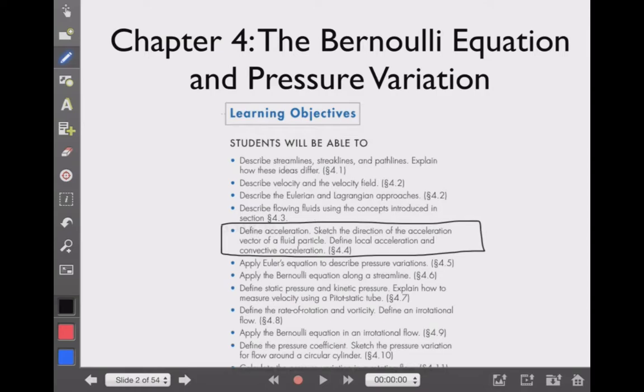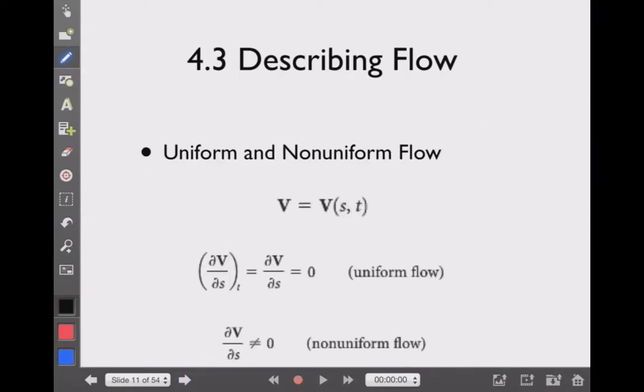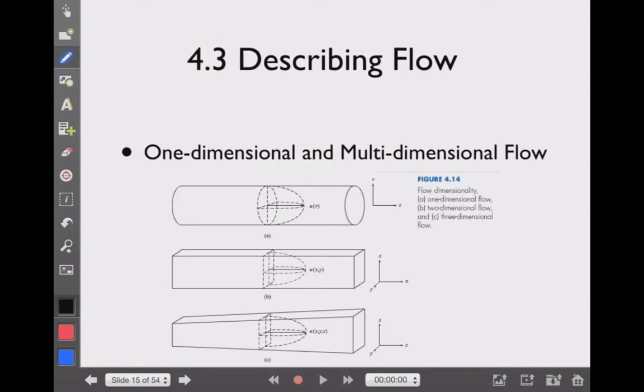And the most important thing is we're going to define some terms, the local and the convective acceleration. And these are part of our attempt to look at the flow field in the Eulerian approach. So let's skip through sections 1, 2, and 3 and get to section 4.